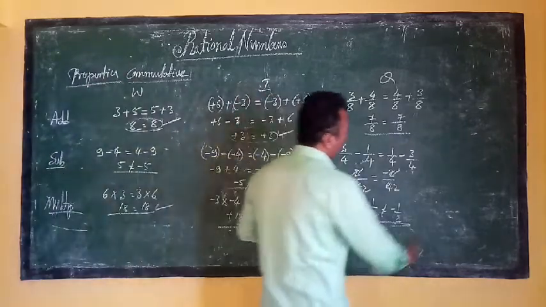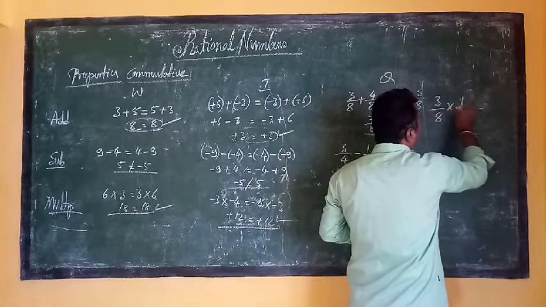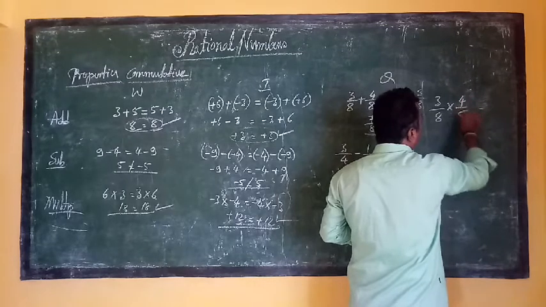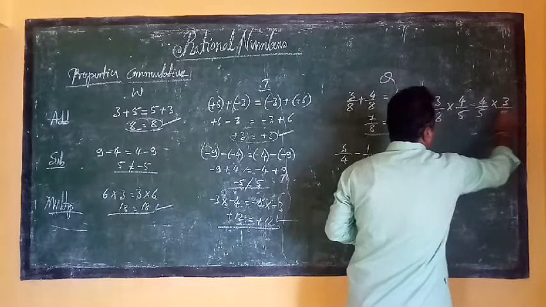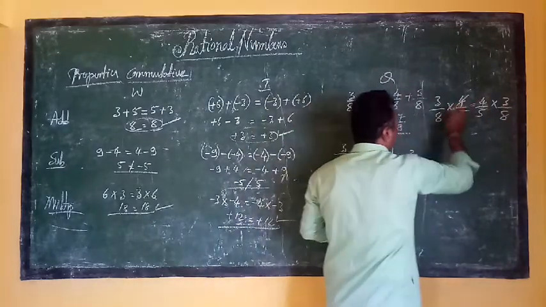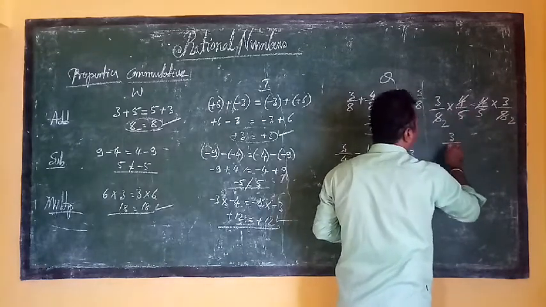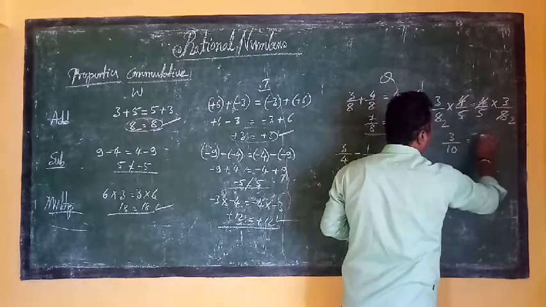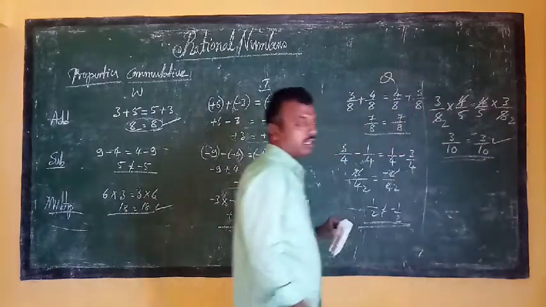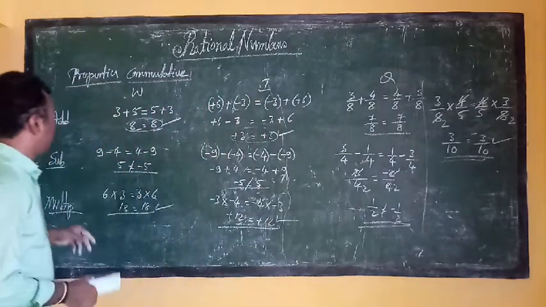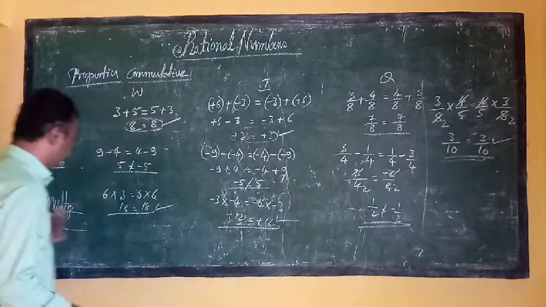In rational numbers, see, 3 by 8 into 4 by 5 is equal to 4 by 5 into 3 by 8 in a different order. 4 1s are 4, 2s are 8, cancelled, 3 as it is, 2 5s are 10, so 3 by 10 is equal to 3 by 10. This is also satisfied under multiplication. Therefore, the commutative property of whole numbers, integers and rational numbers is satisfied under multiplication.